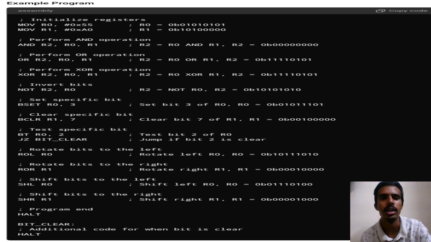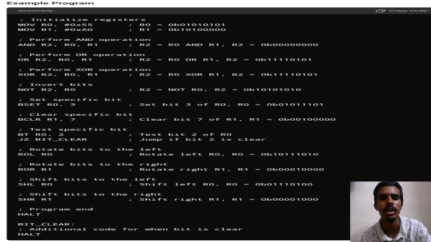Then comes performing the AND operation, AND R2, R0, R1, where R2 is equal to R0 AND R1, which is 00000000. So that is where we have come across this AND operation.